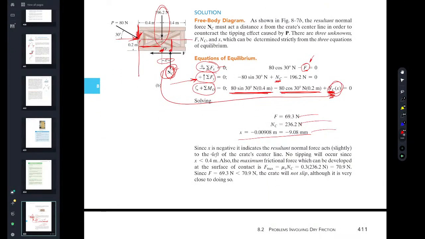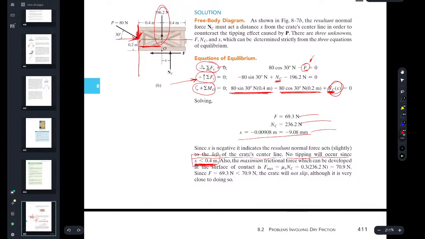Since x is negative, it indicates that the resultant force acts slightly to the left of the crate center, meaning he didn't have to actually know whether it was to the right or left. You just have to assume it and then figure it out. No tipping will occur since x is less than that 0.4.